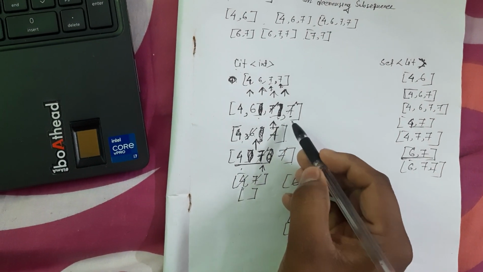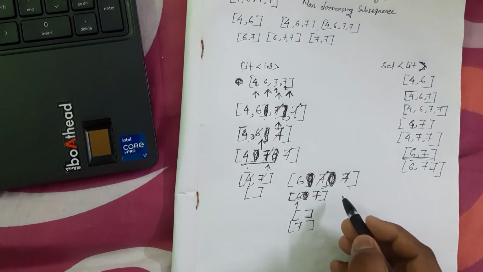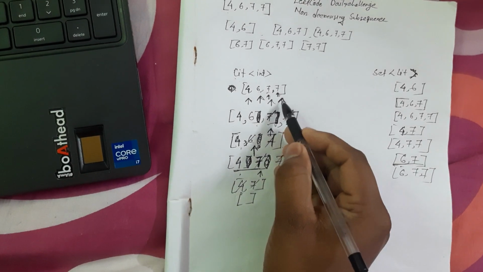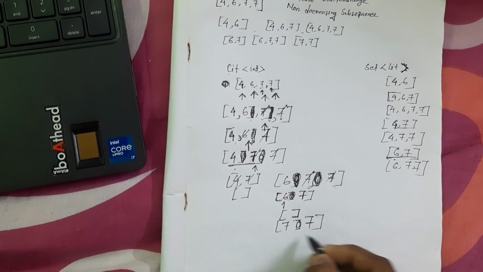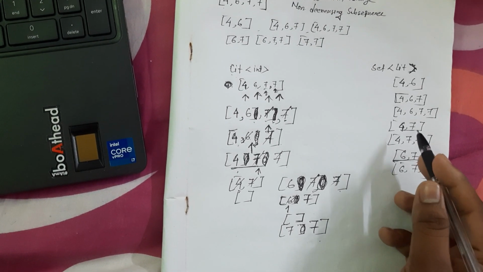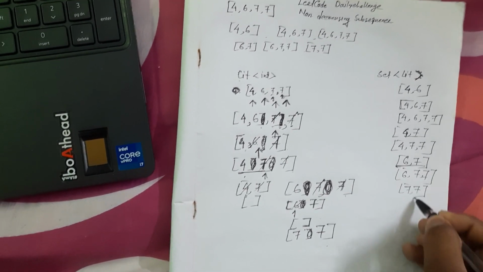Then we move to the next index, which is also 7, and which is equal to our previously inserted element 7. So I can add the next index here. Now the list becomes 7 and 7, and I can add it because it is not in our answer set.